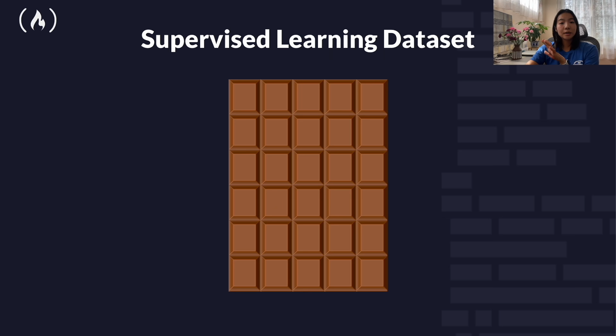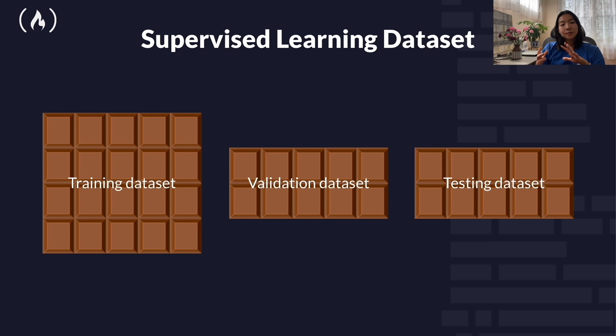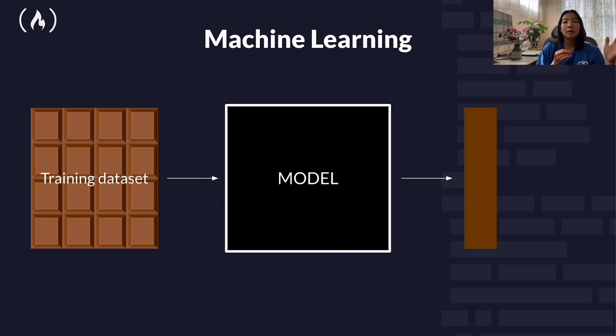So we break up our whole data set into three different types of data sets. We call them the training data set, the validation data set, and the testing data set. You might have 60%, 20%, and 20%, or 80, 10, and 10. It really depends on how much data you have, and either of those would be acceptable. So we feed the training data set into our model.